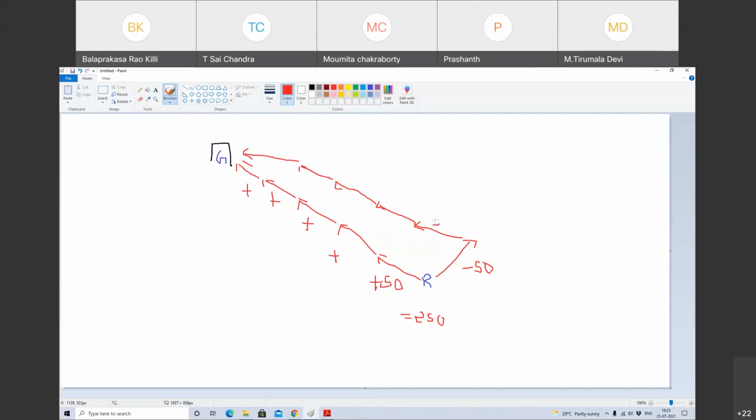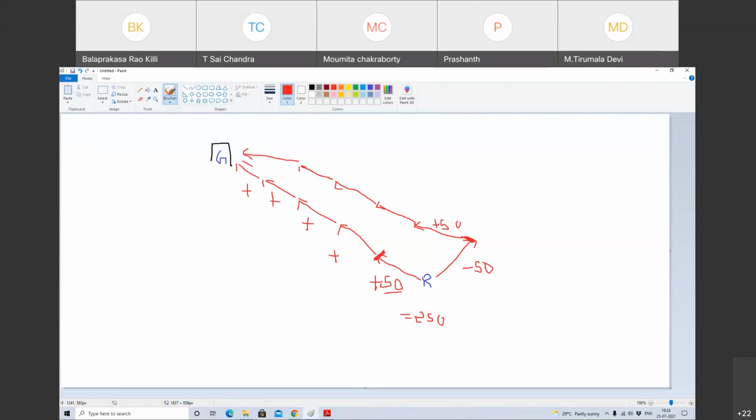Now, the robot at this point has to pick an action, whether to move left or move right. If the robot picks this action, then this state it will go. When it moves right, this state it will go.